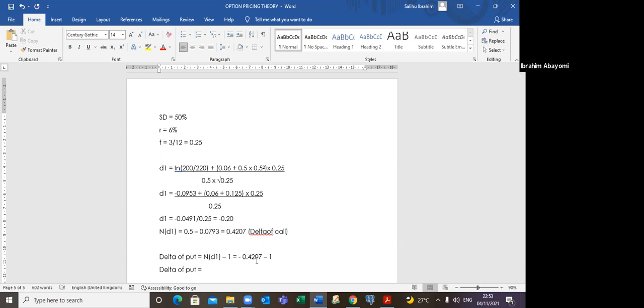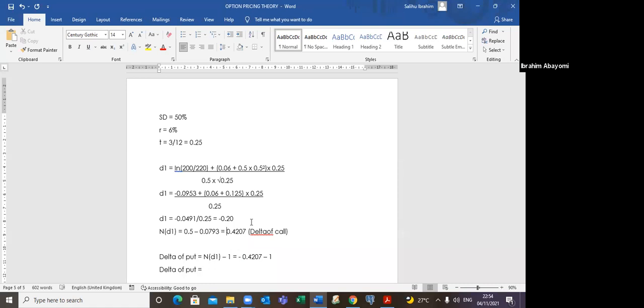So this one should not be negative. It is 0.5 minus this. Are we subtracting 0.0793 from 0.5? Yes, now. It's not the other way around. 0.5 minus 0.0793.